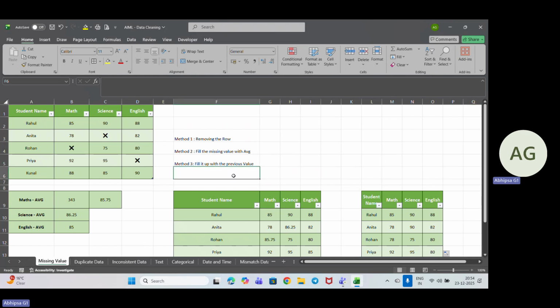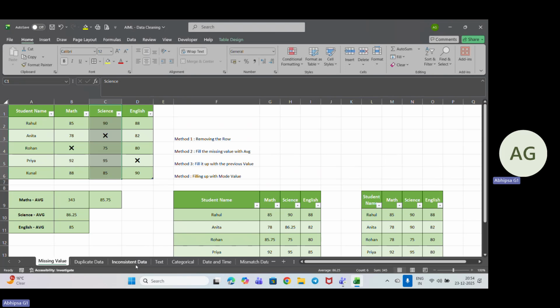Next, we have the next method that we can discuss, that is filling it up with mode values. Okay, so filling up with mode value. So what is mode value? You can see about the science here, right?